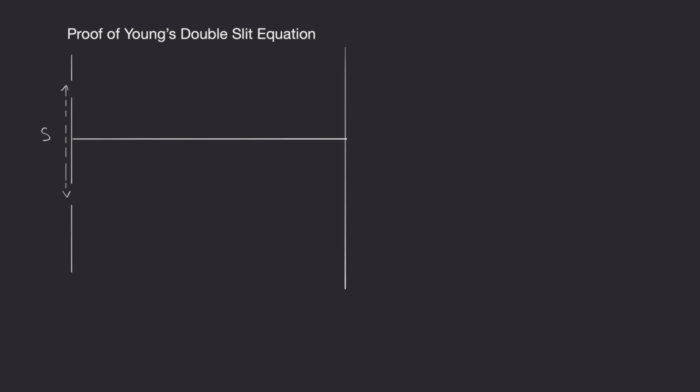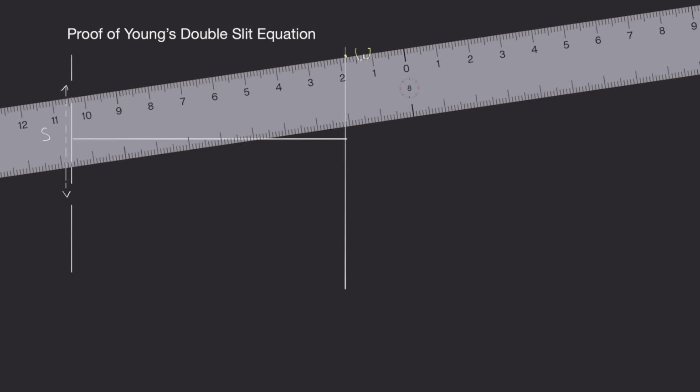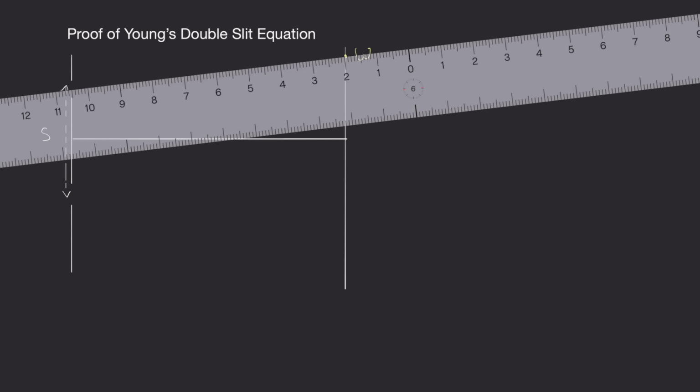And now let's go through a proof of Young's double slit equation. So let's pick a point on the screen that will end up being a maximum. So let's just pick this point. The path from one of these slits, let's go from the middle of the slit, is going to be approximately this one over here.